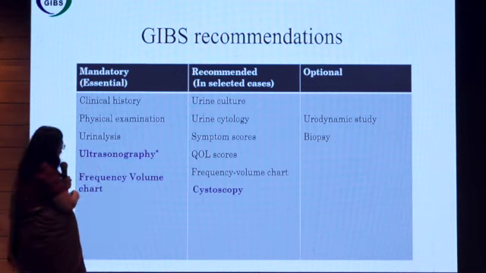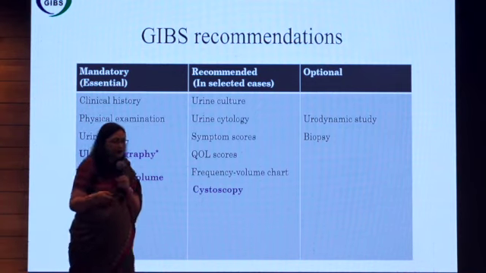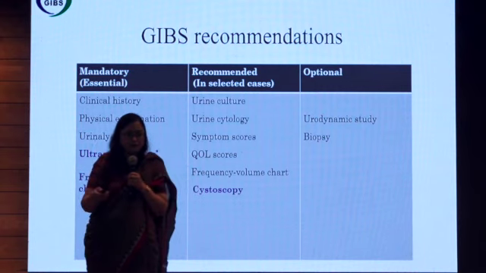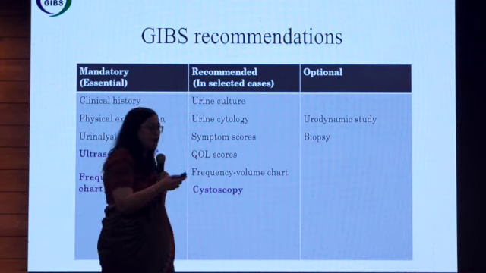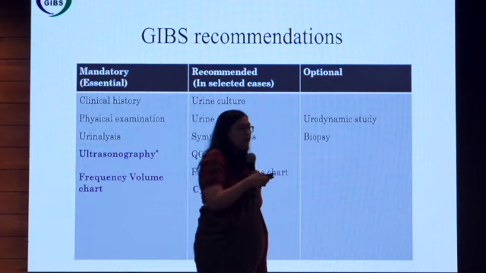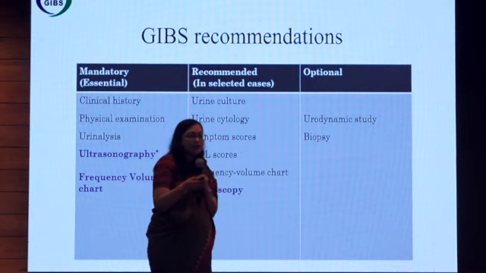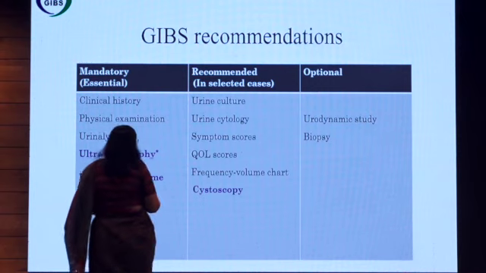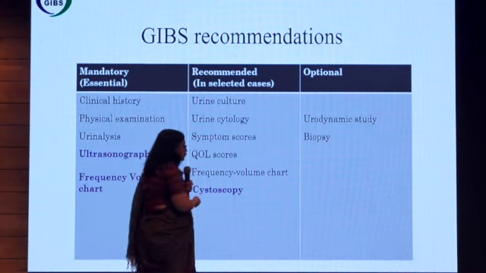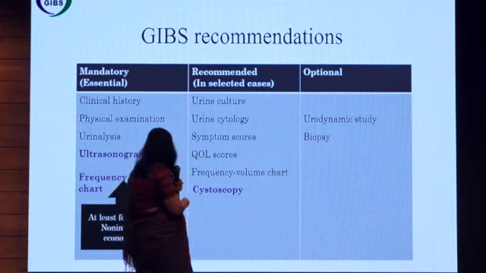We have changed cystoscopy to a recommendation, because the new school of thought is that there are many phenotypes of this disorder, like with Hunner's ulcer and without Hunner's ulcer. Because the treatment might change with the phenotype, it is now said that it's better to do an early cystoscopy, especially if a patient is not responding to your initial treatment.